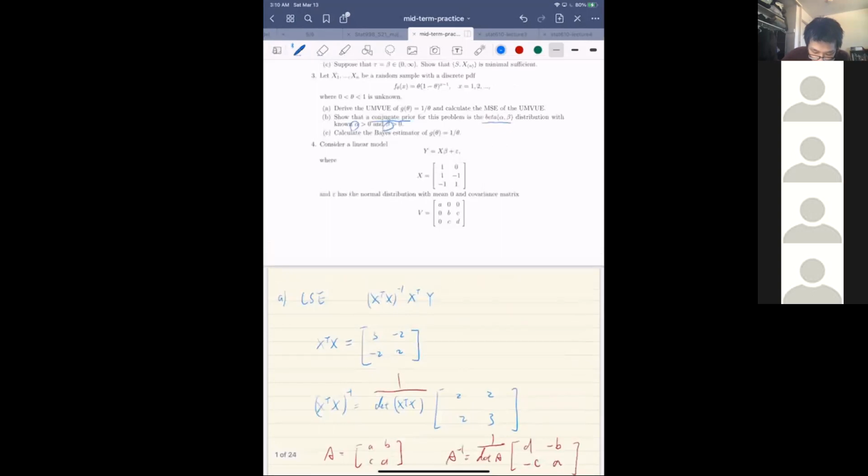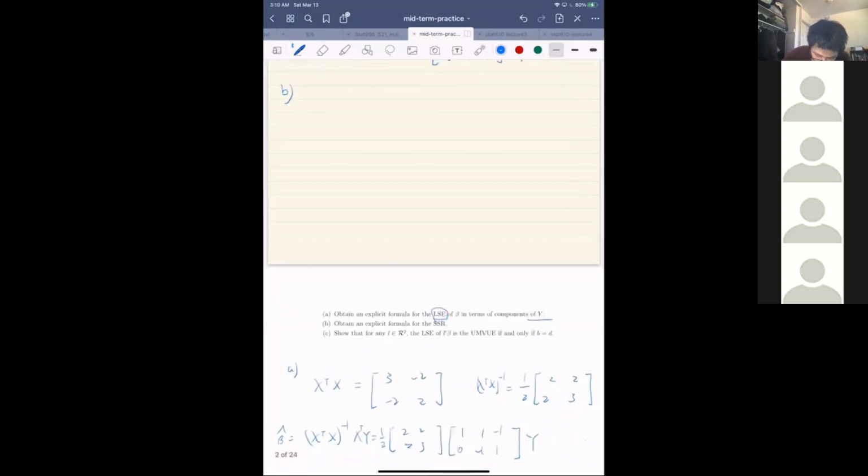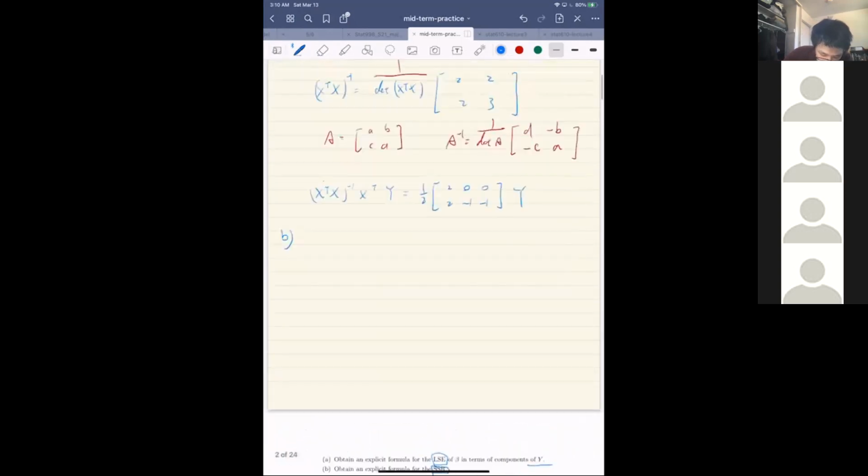And for B, what is B? We want to find the sum of squared errors. Okay. The sum of squared errors is equal to like this: I minus the projection matrix of X, Y transpose Y. The projection matrix of X is equal to X times X transpose X inverse X transpose.